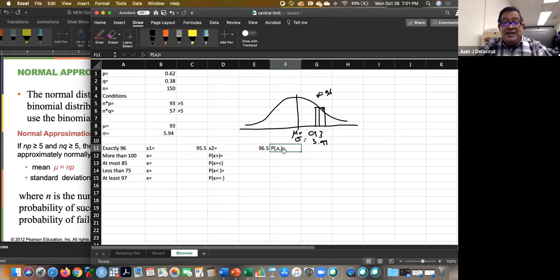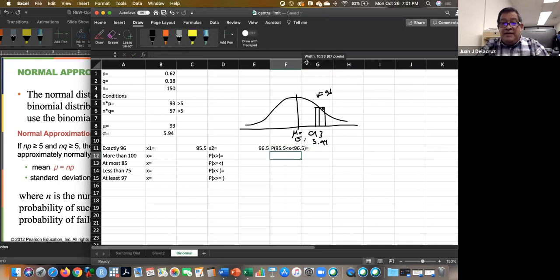So the probability that x is going to fall between 95.5 and 96.5 is computed as follows.